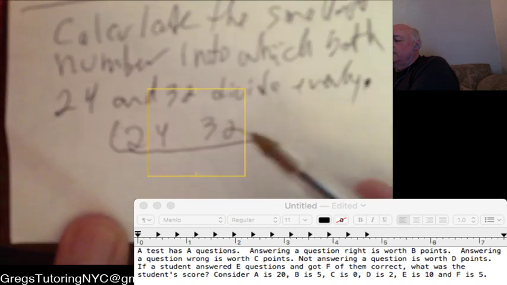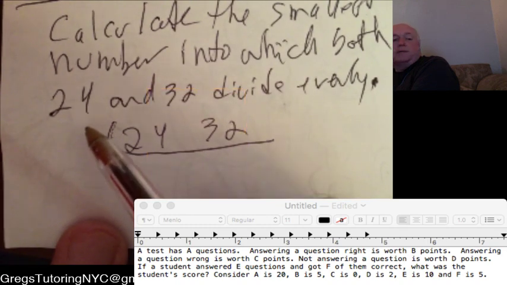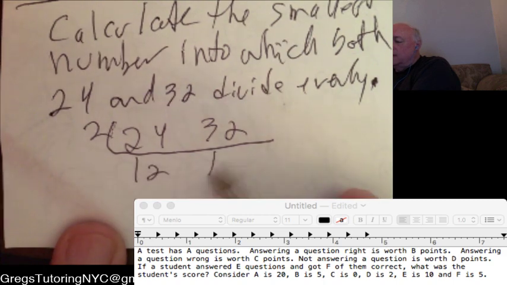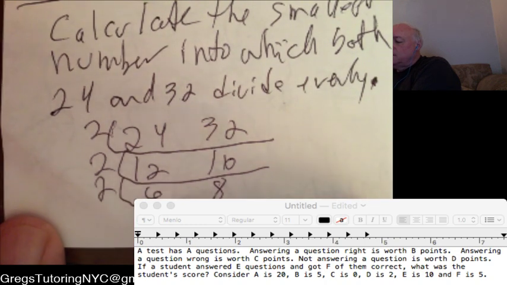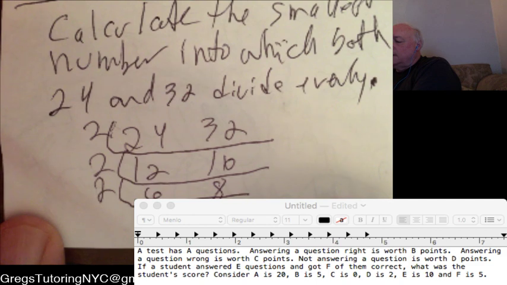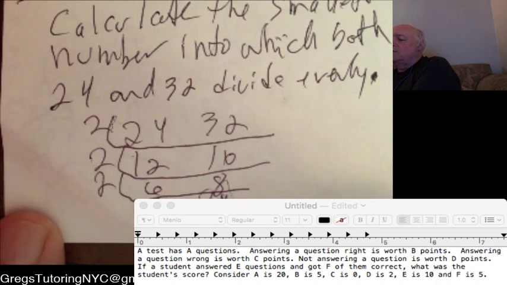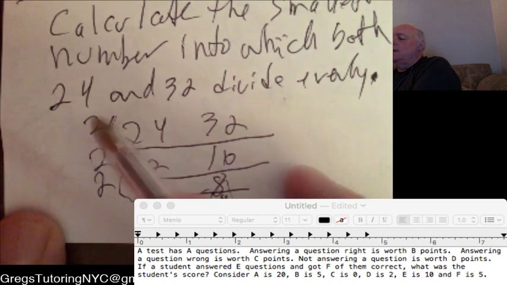It's basically asking for the LCM. So we have 2 goes into 24. We get 12 and 16. 2 goes into 6 and 8. 2 goes into this, and we get 3 and 4. 4 can still go. So we're not going to prime it all the way down. In other words, if you had a prime factor tree, we would still have two 2s, but we're done at this point. So the LCM is this here.